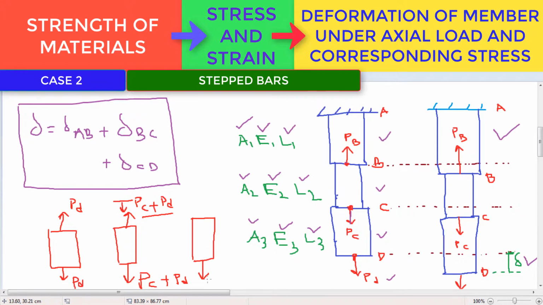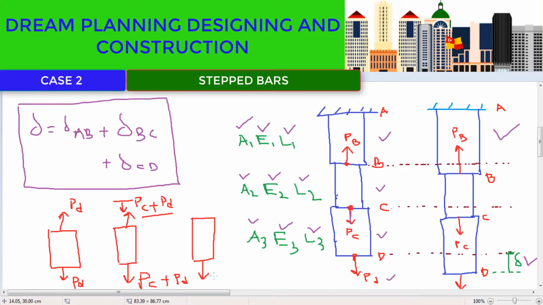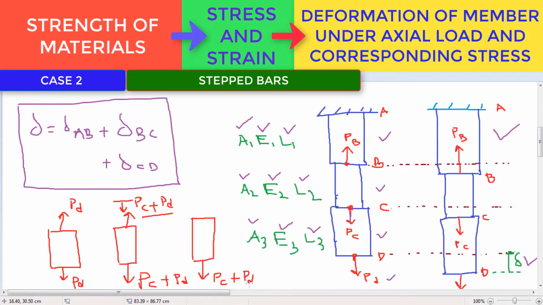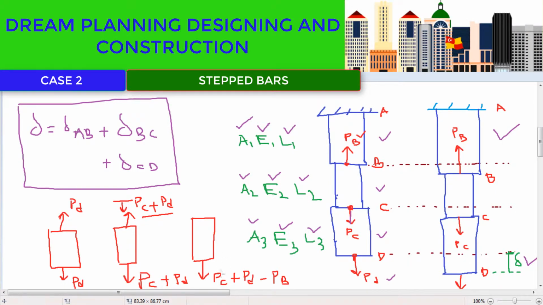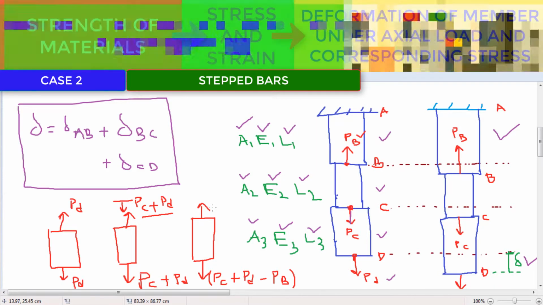So that's why we write PC plus PD in this direction, and on the opposite side the force PB, so minus PB. So there is an equal and opposite force, that is also the same, PC plus PD minus PB.